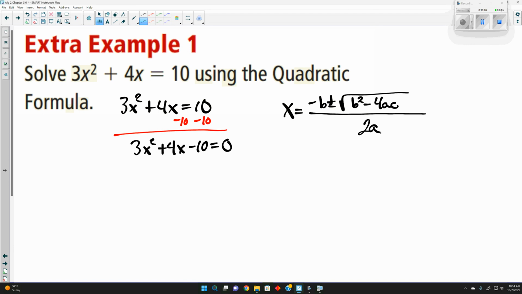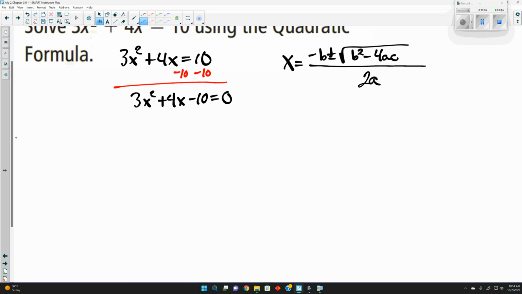Which gives us this here, 3x squared plus 4x minus 10 equals 0. And we're going to solve this using the quadratic formula.